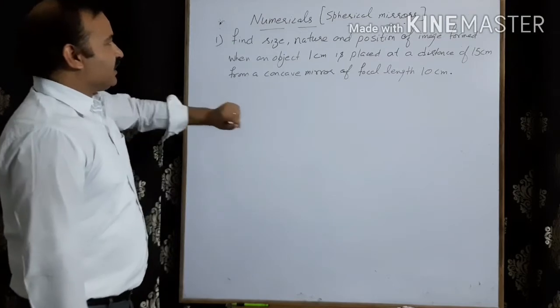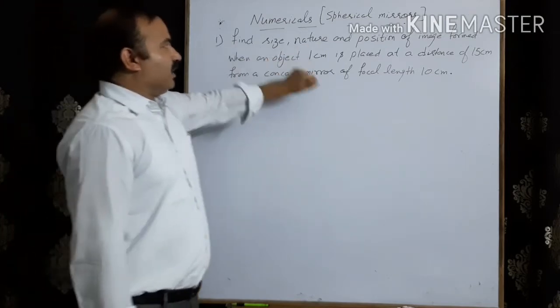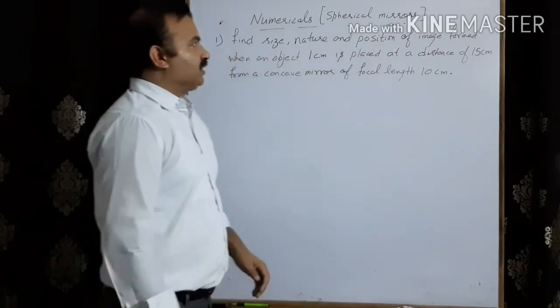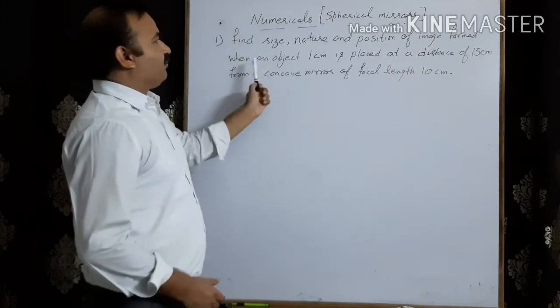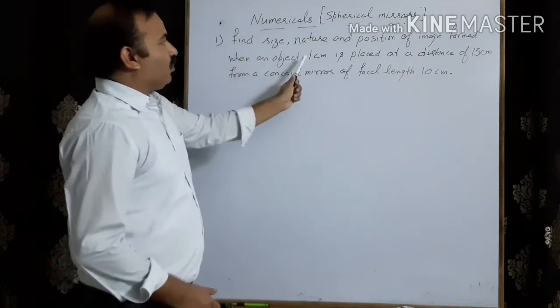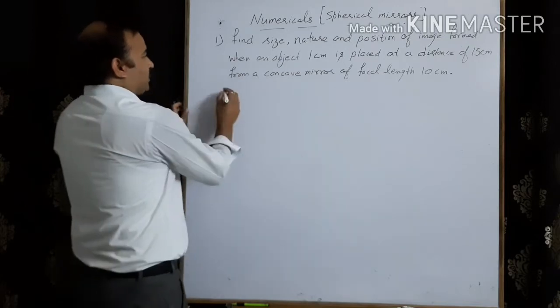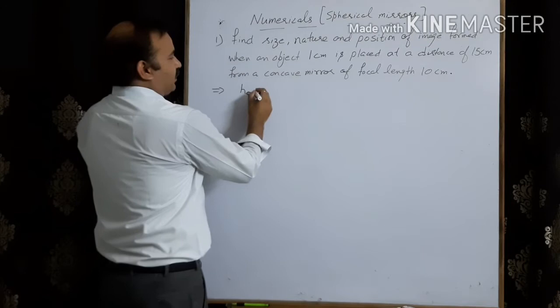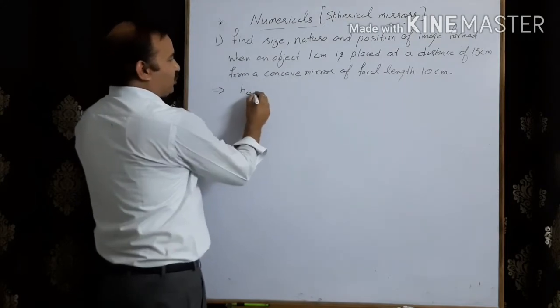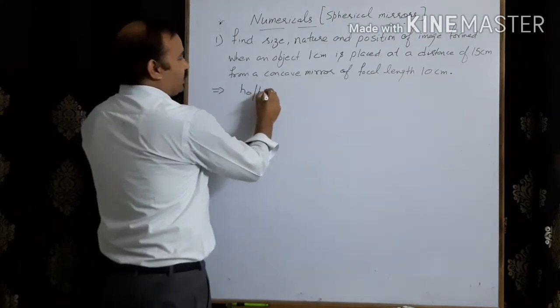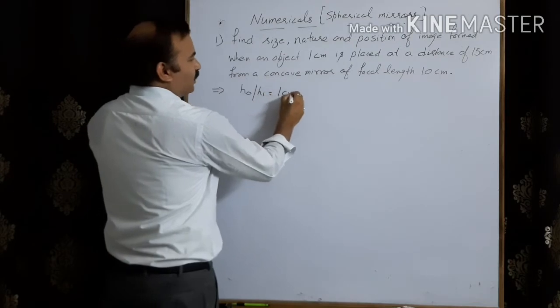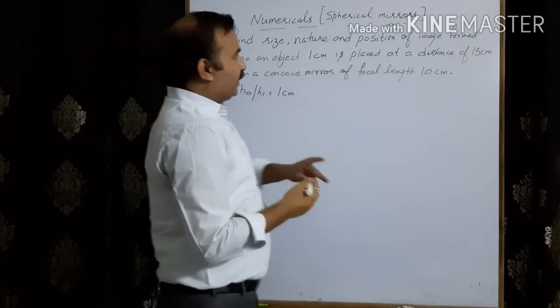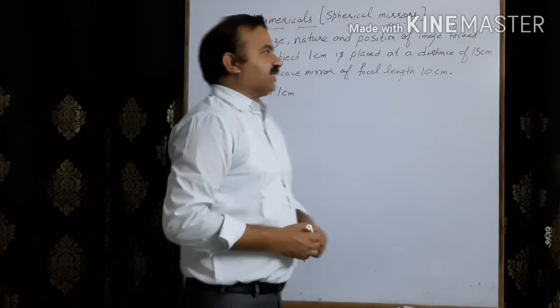Now the numerical says we have to find the size, nature and the position of an image formed when an object of 1 centimeter, meaning height of the object, either we write HO or H1, is equal to 1 centimeter, is placed at a distance of 15 centimeter.